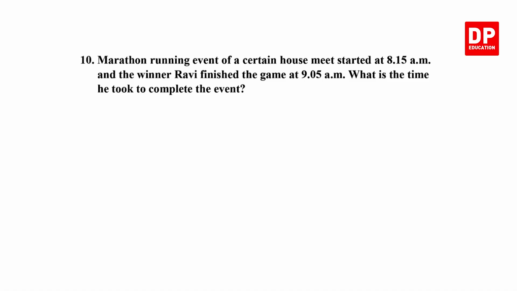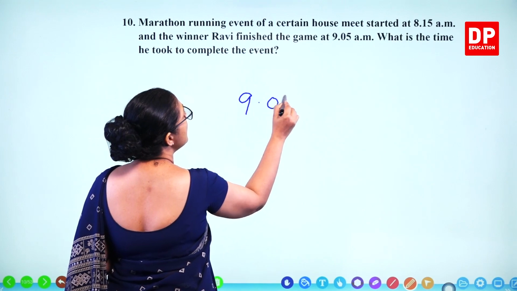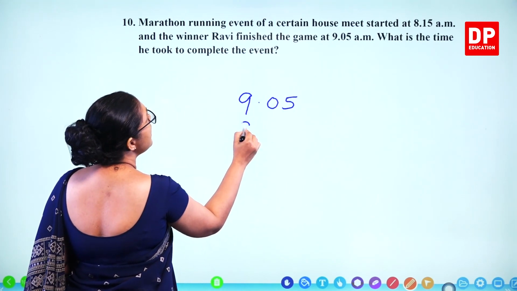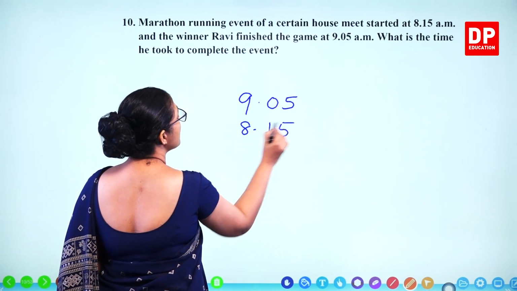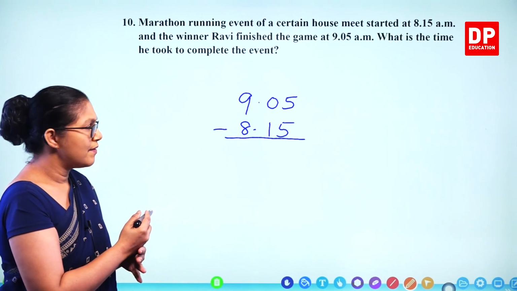Question number 10. Marathon running event of a certain house meet started at 8:15 a.m. and the winner Ravi finished the game at 9:05 a.m. What is the time he took to complete the event? So the difference between the times 9:05 and 8:15, subtraction. Can you subtract 15 from 5? You can't do.